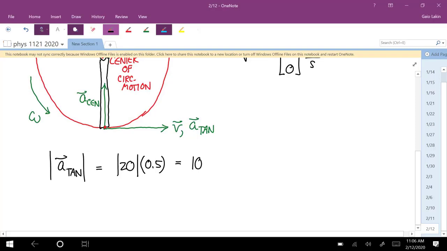And so that's 10 meters per second squared. That's in the same direction as the velocity. So the tangential acceleration vector is 10, 0.